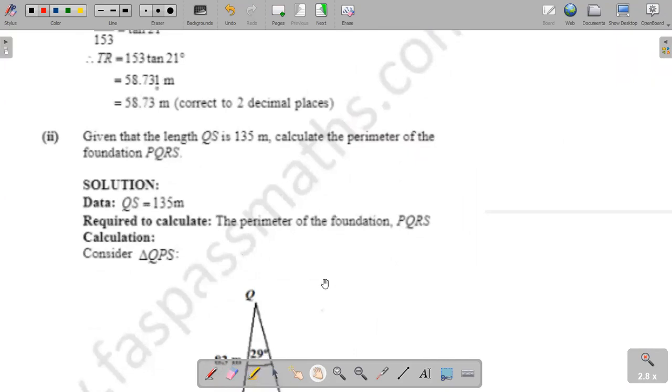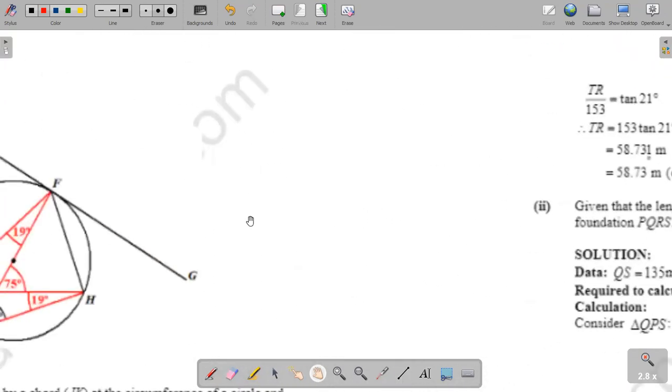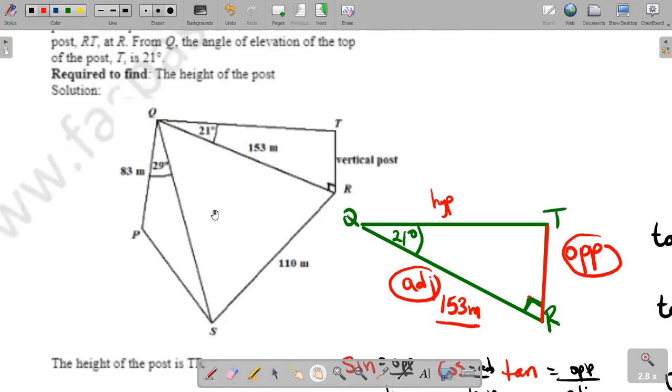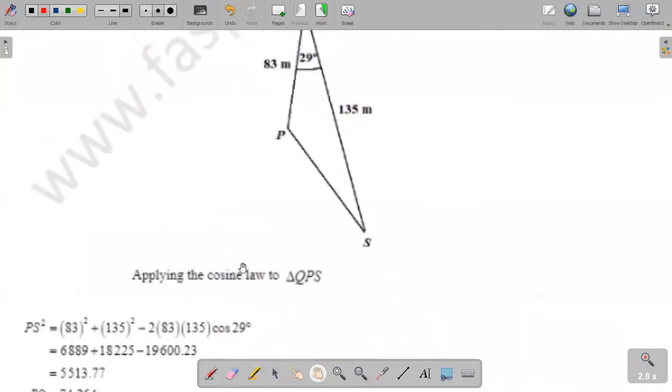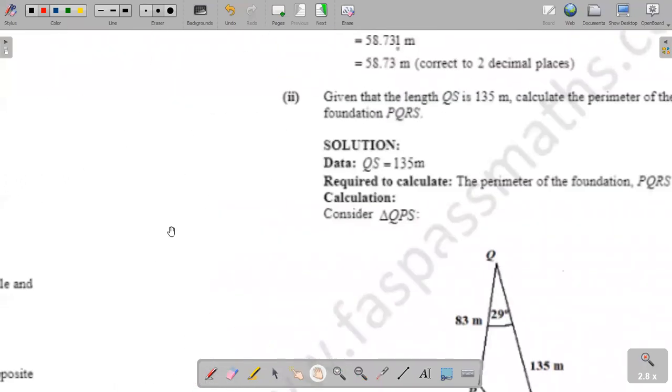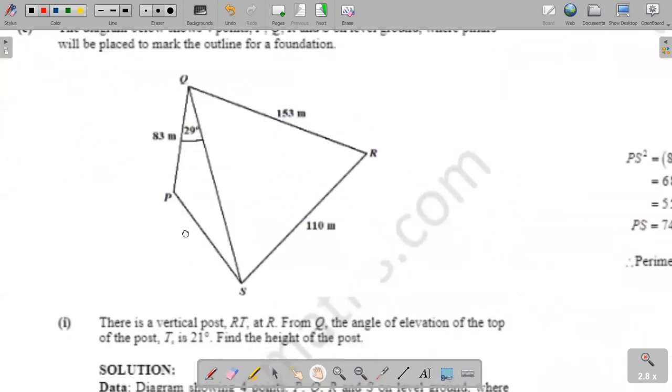That was the first example, eh? So when you have that information, you go back to your drawing, and you're going to put 58.7 here because that's what we just found. The next thing they asked us: given the length of QS is 135, let's go back to the picture. What is QS?